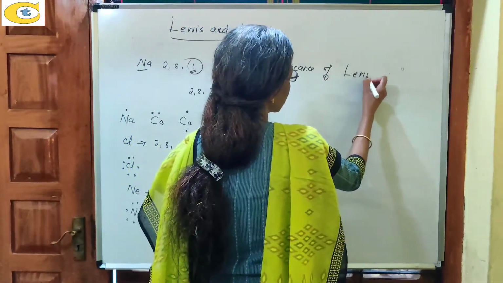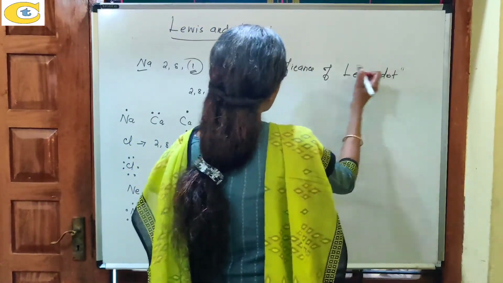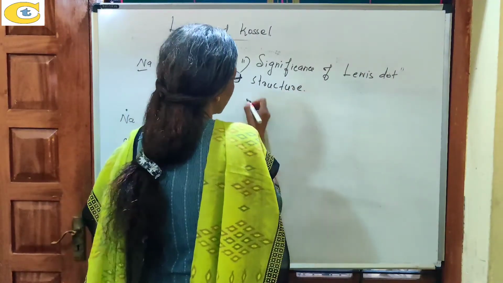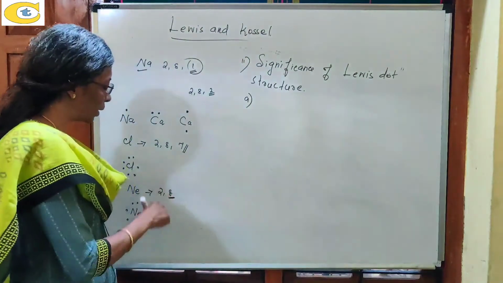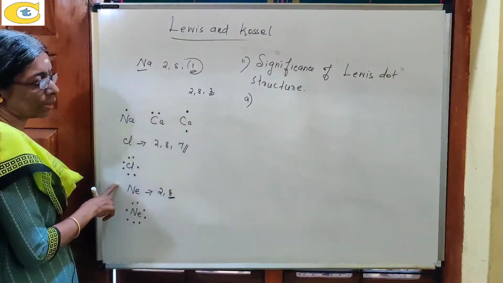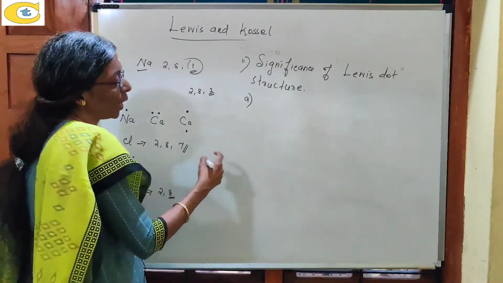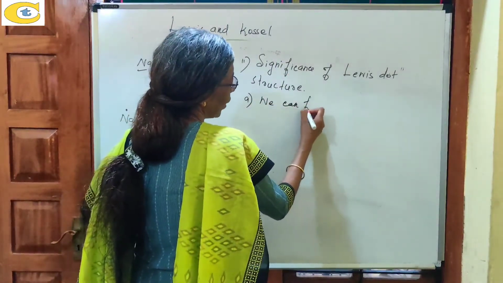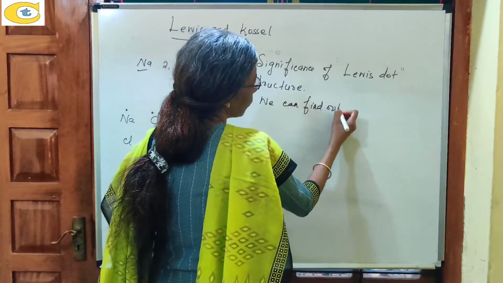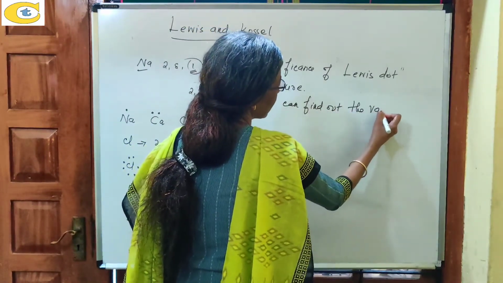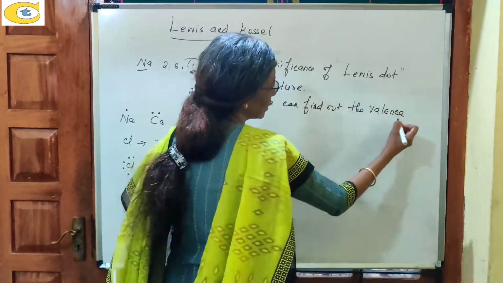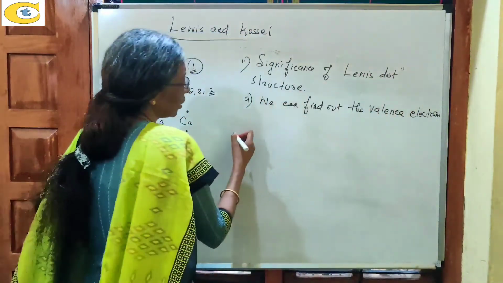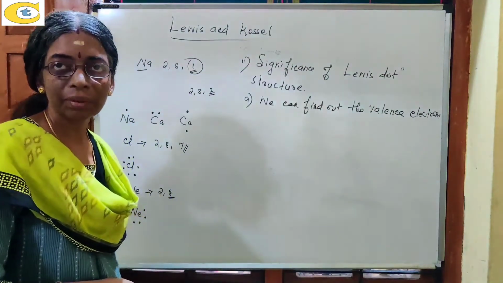Number 1, it helps us find out the valence electrons. From the valence electrons, we can find out the valency, right?